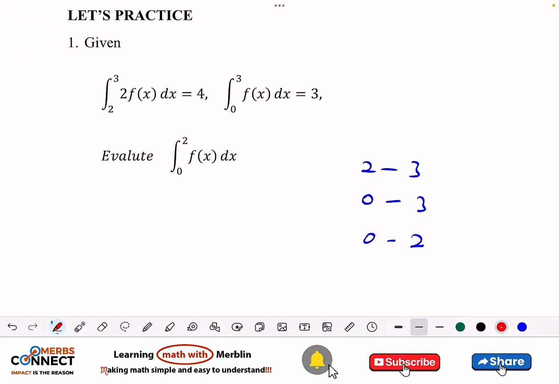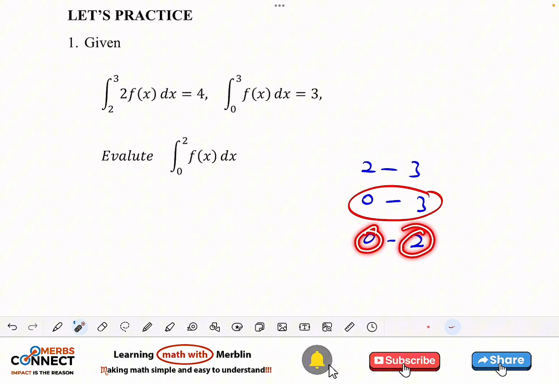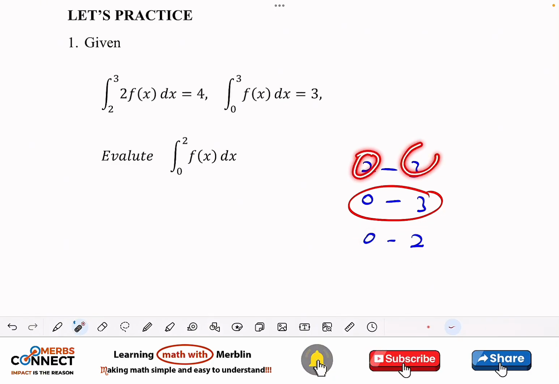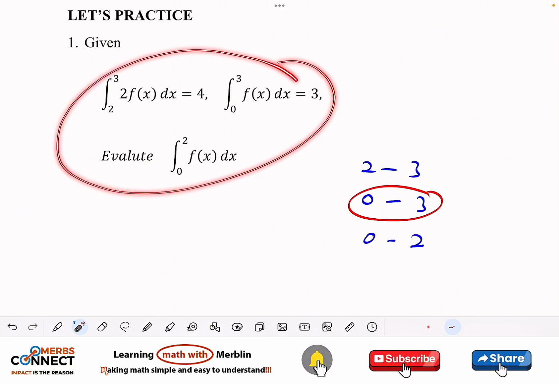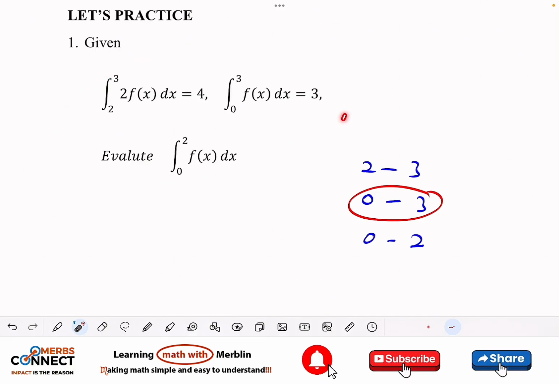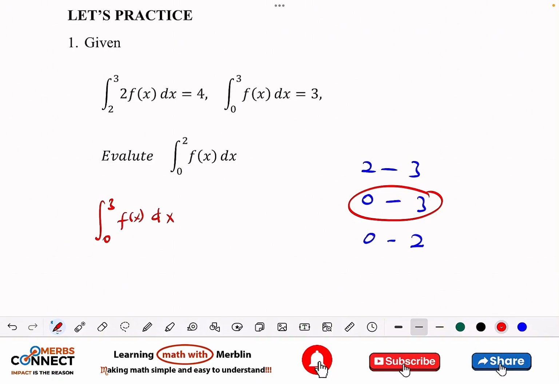So you see that from 0 to 3, we can find from 0 to 2, and we can also find from 2 to 3. They are all inside this. So that is what you need to know. Anytime you want to solve a question like this, look for the interval that includes everything. So it means that I will start by writing this one as the integral from 0 to 3 of f of x dx.